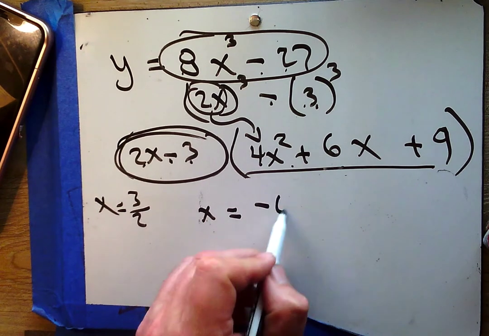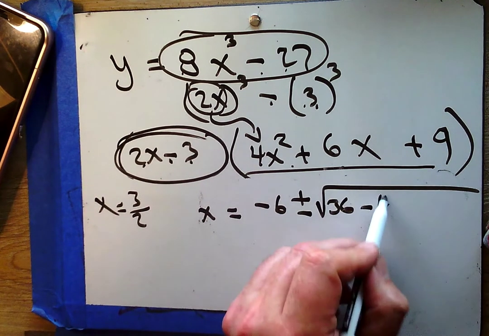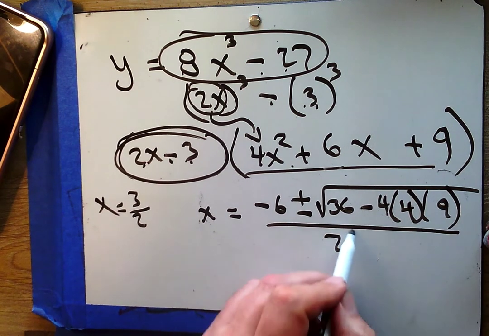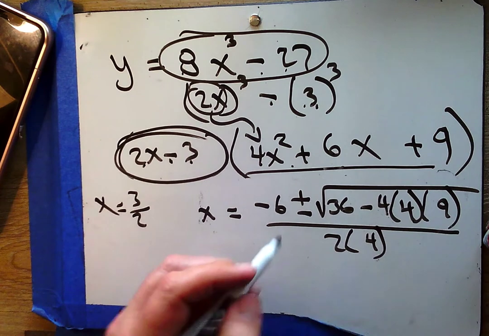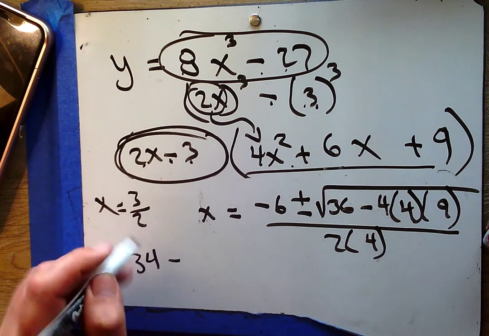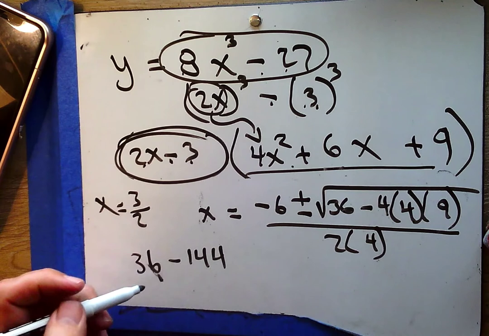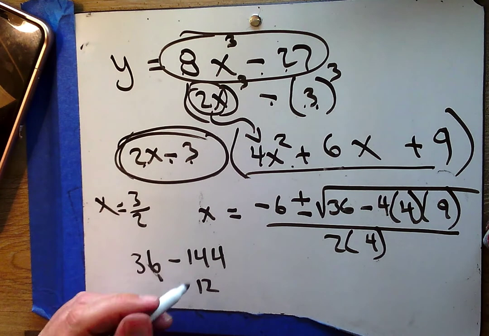So x equals negative b plus or minus the square root of b squared minus 4ac all over 2a. Okay, so 16 times 9 is 144. 36 minus 144, is that negative 12? Negative 112?